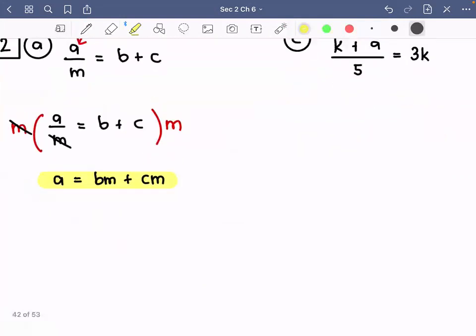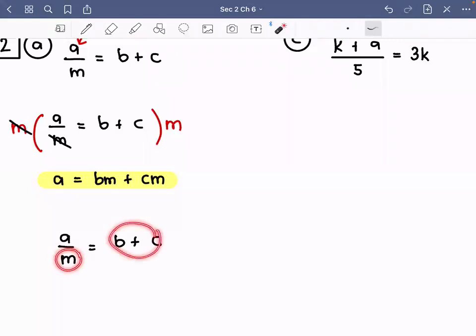That's one way. You can also do it like this, class. The simplest way, do you remember cross multiplication? So B plus C. We just cross multiply this with this because the denominator of B plus C is 1, right?